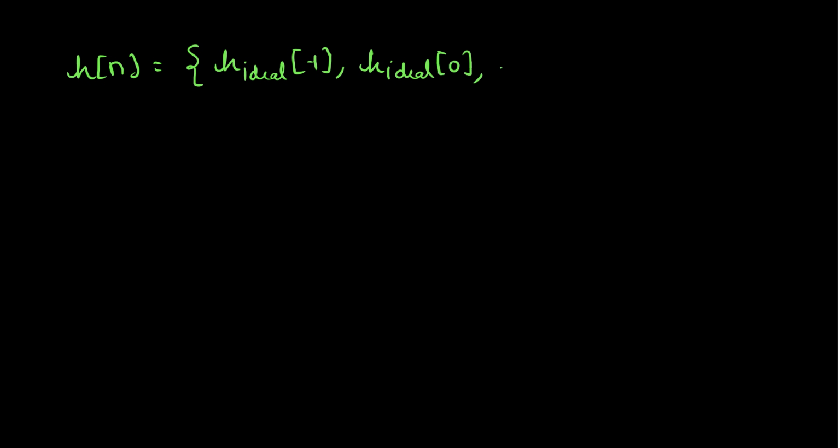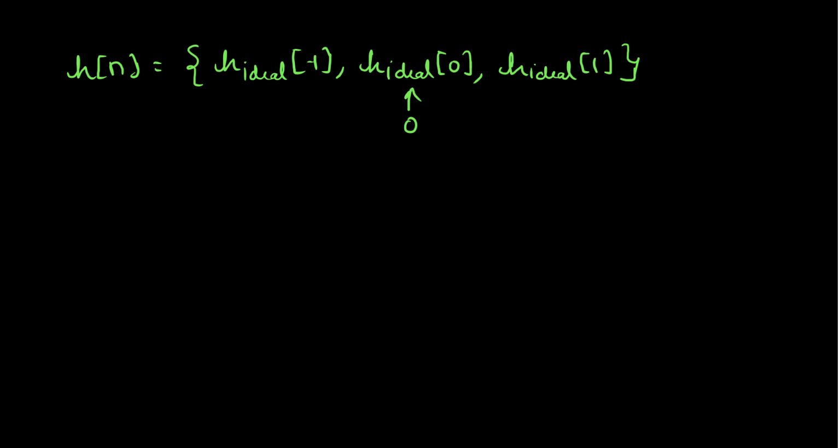So now the system which we have is h of n, which is equal to a sequence of h ideal of -1, h ideal of 0 and h ideal of 1, and this h ideal of 0 is located at n equal to 0.